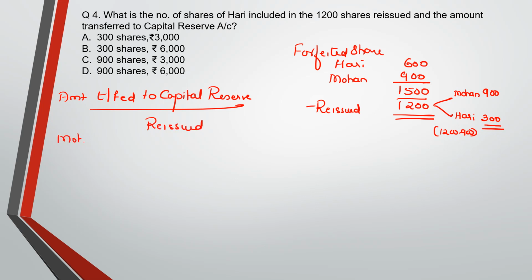First, for Mohan, there are 900 shares which are totally reissued, and for Hari, they have issued 300 shares. Now, in the forfeited share account, in case of Mohan, what is the amount that is transferred to the forfeited share account? That we have to calculate.